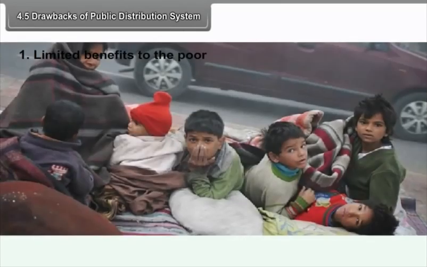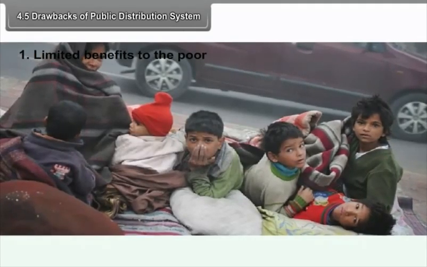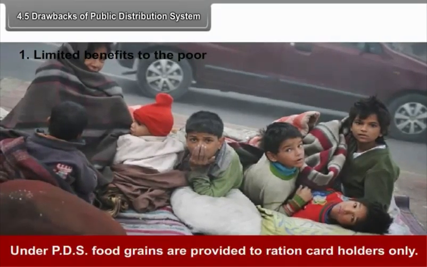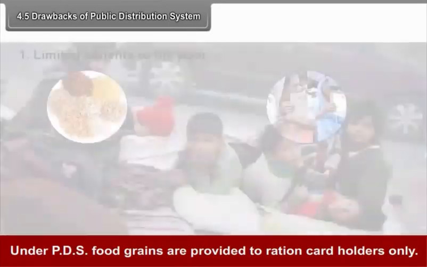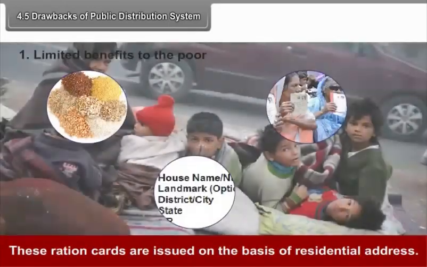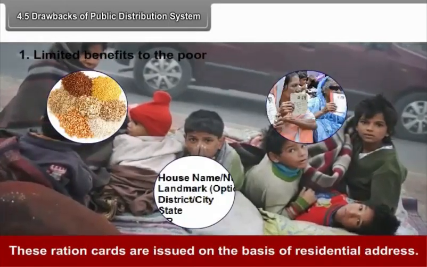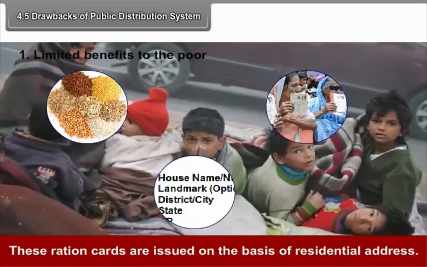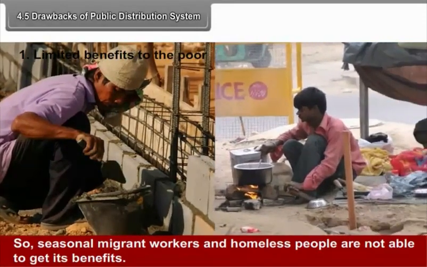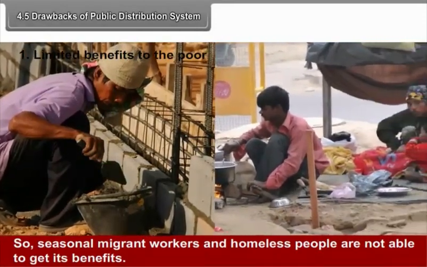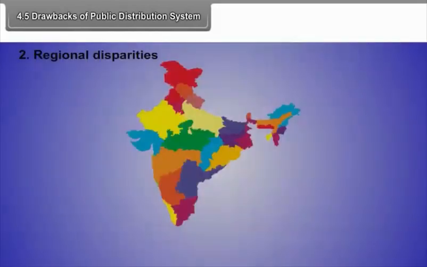4.5 Drawbacks of public distribution system. 1. Limited benefits to the poor. Under PDS, food grains are provided to ration card holders only. These ration cards are issued on the basis of residential address. So seasonal migrant workers and homeless people are not able to get its benefits. 2.